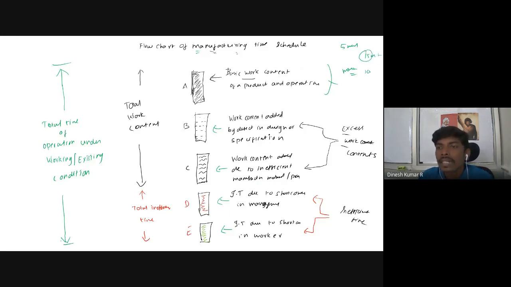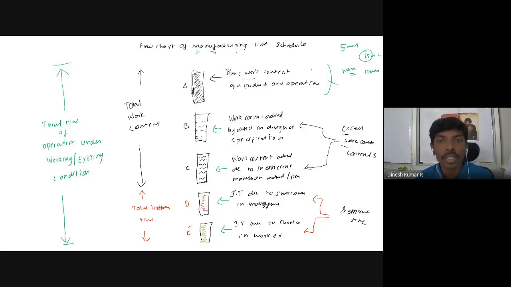How are we going to reduce the extra 10 minutes? That extra 10 minutes can be added anywhere, like a defect in design or specification, a defect in the manufacturing process, or shortcoming of management or of the worker. Anywhere this 10 minutes excess can be added, where your useful time for the process is only 5 minutes.